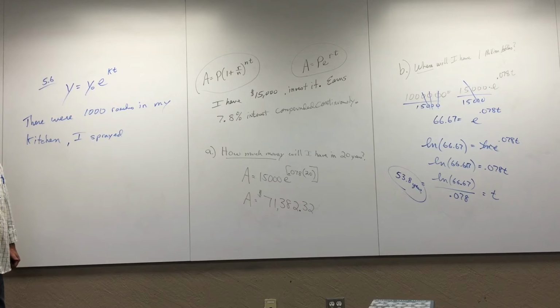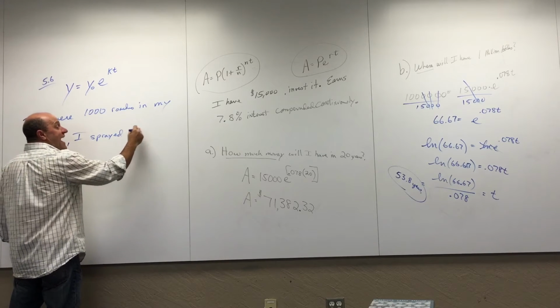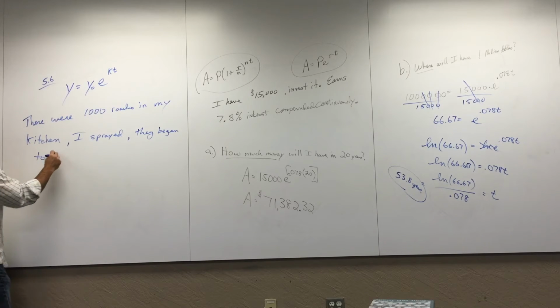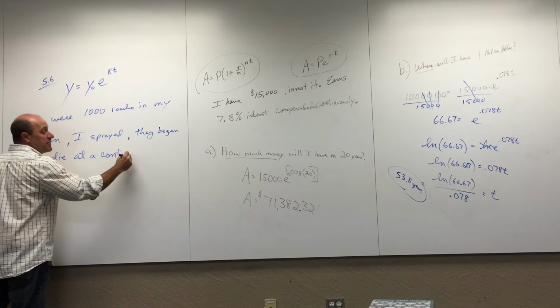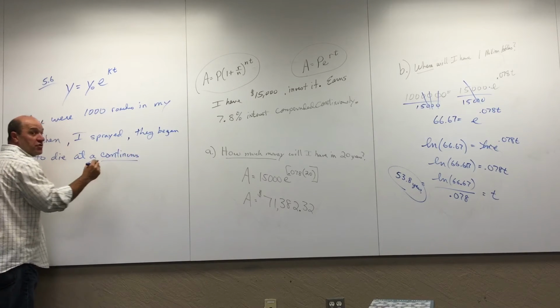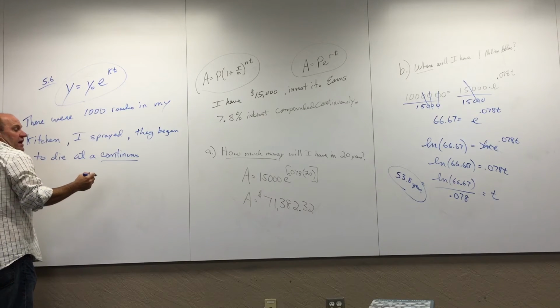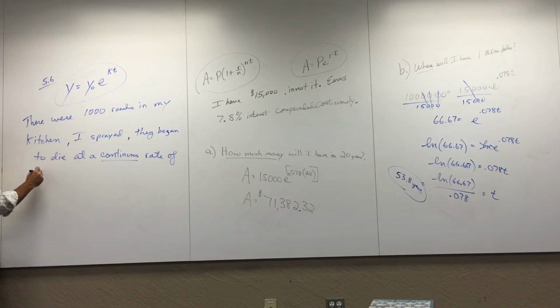They began to die at a continuous rate. I'm using the word continuous. That kind of clues you in on the formula. They died at a continuous rate of 36% every hour.